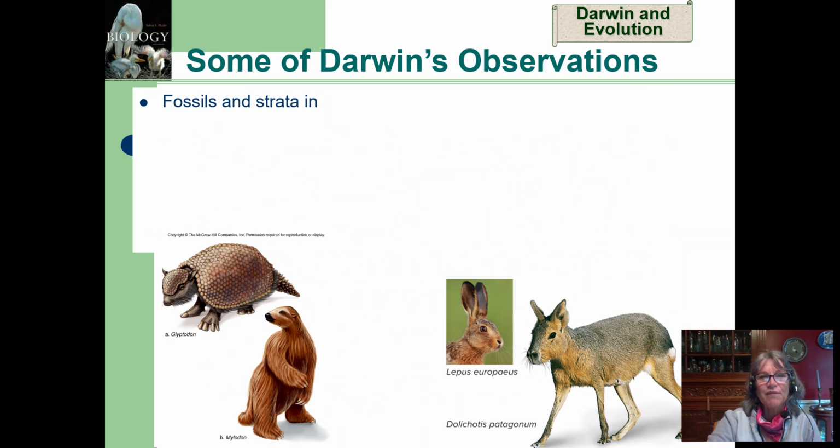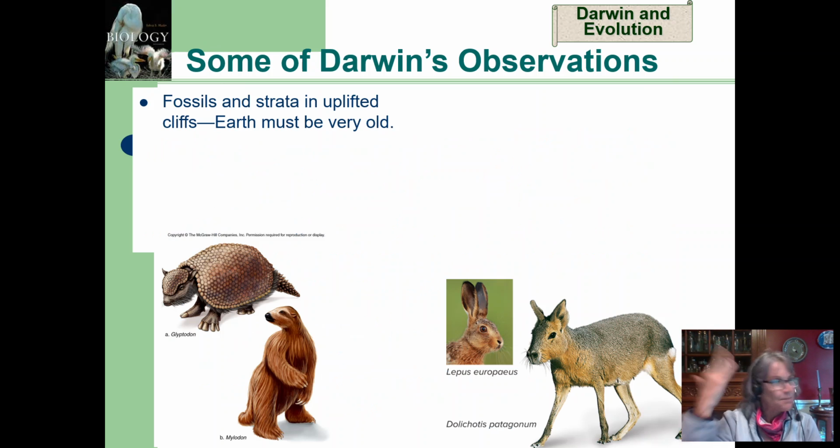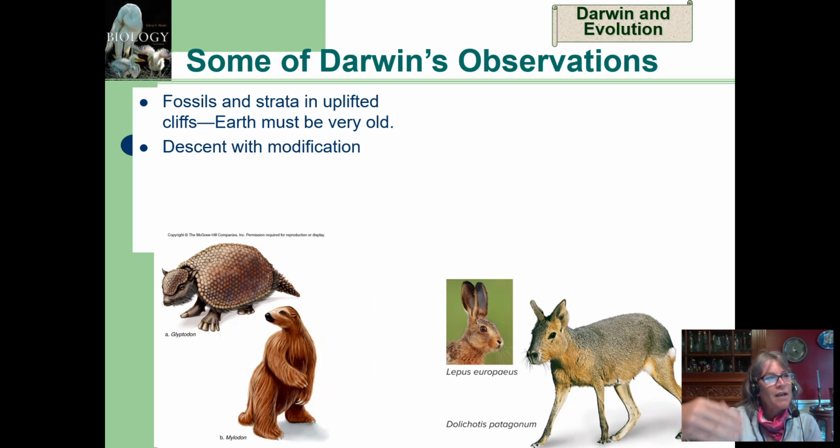So some of his observations on his adventure on the Beagle were fossils and strata and uplifted cliffs. So when they sailed past big cliffs where you could actually see the strata, all those strata from that uplifted area, the Earth has to be very old. So Lyell and Hutton, that verified what they had proposed.